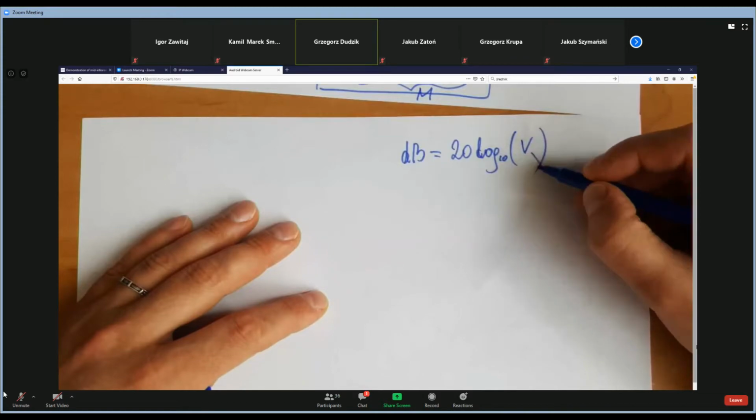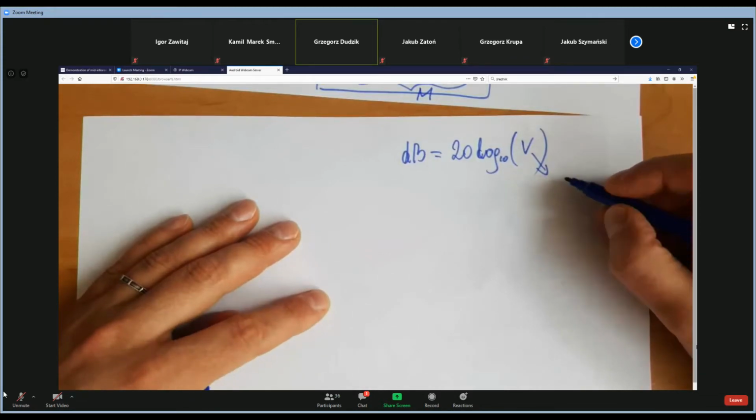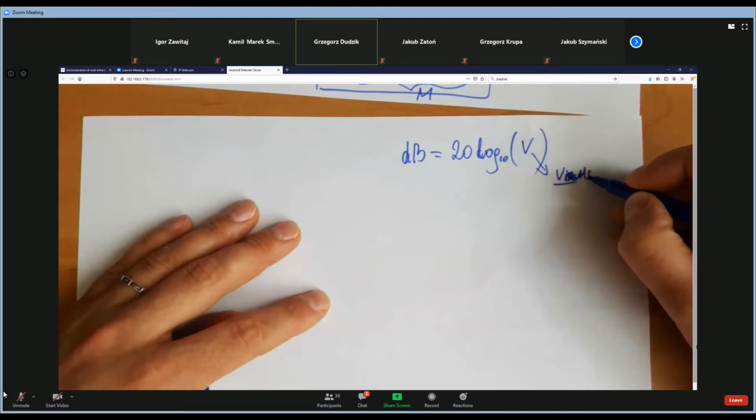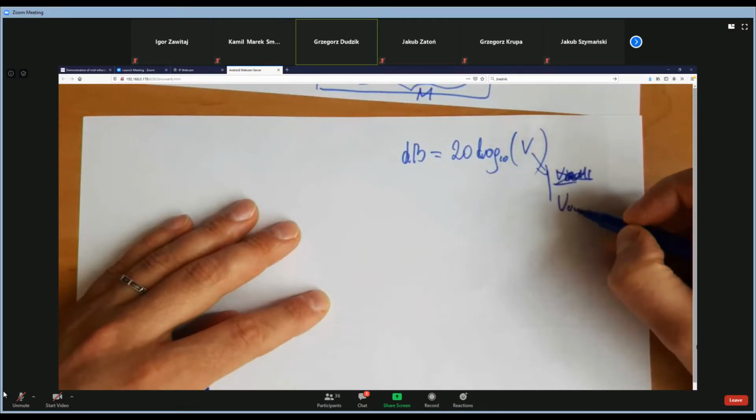For amplitude characteristics, it is V in or V out, V out over V in.